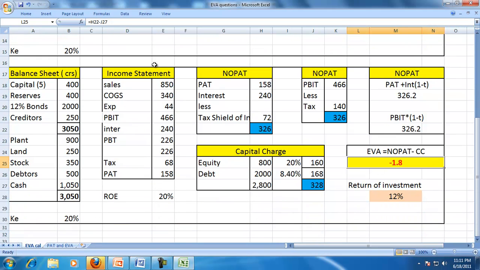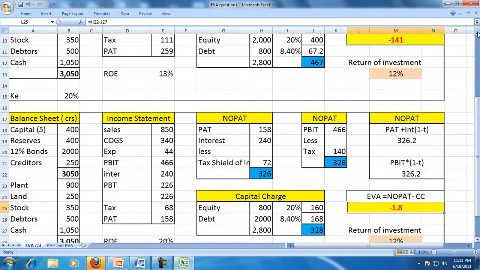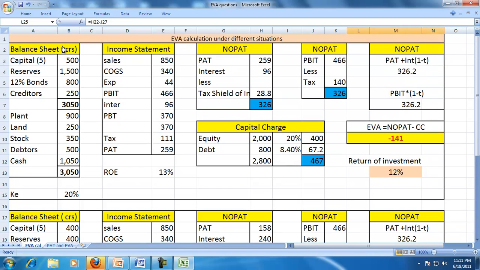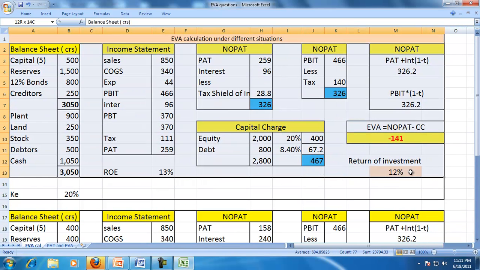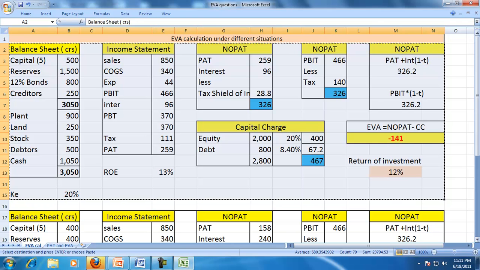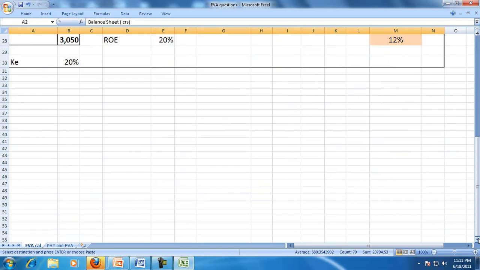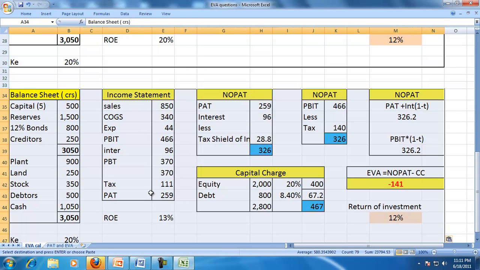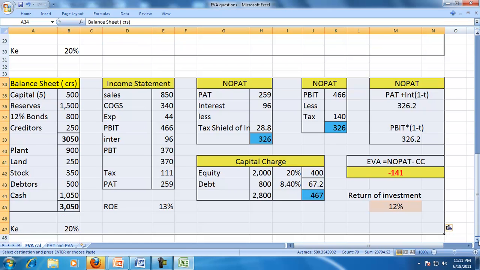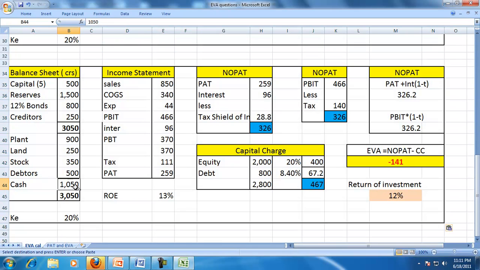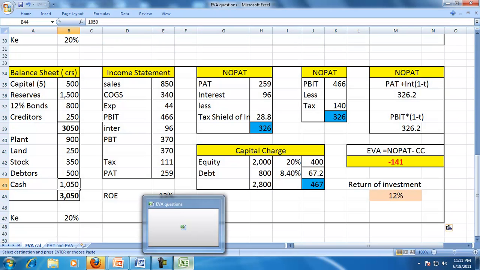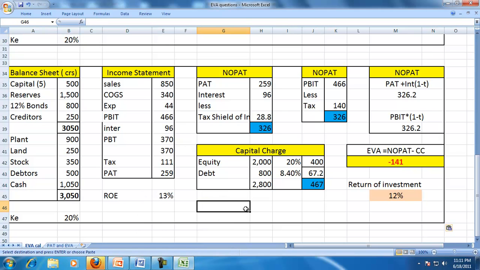Now let us further once again copy that, and this time make a slightly different assumption. Instead of changing just the debt equity ratio, we just observe that the company is having 1/3 of the total assets in the form of cash.